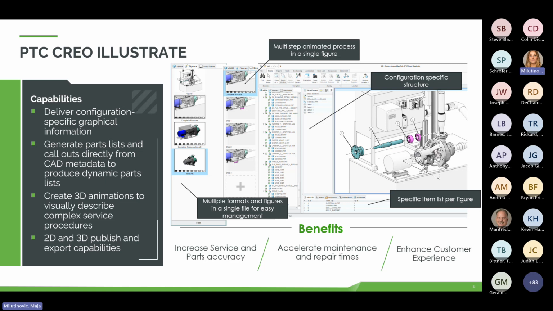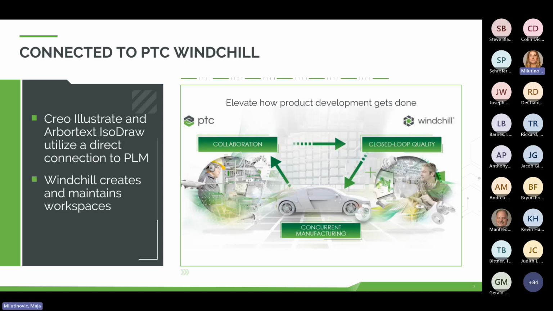Customers want things faster, and they want things done right the first time around. I mentioned the ArborText tools are connected to Windchill, but we are CAD and PLM agnostic. However, the key point here is that when connected to other PTC solutions like Windchill and Creo, that is really where the magic happens to make the digital thread possible.